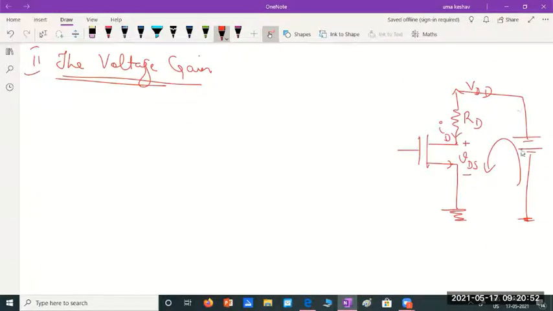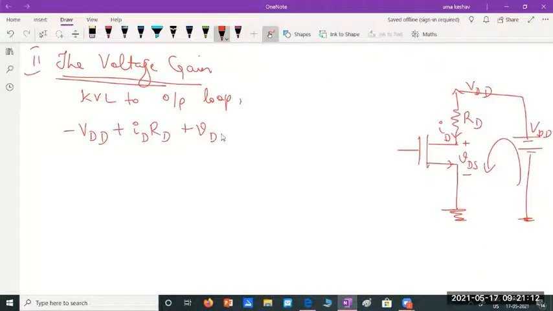I'm just interested in the output loop. So applying KVL to the output loop, what do you get? Minus VDD plus IDRD plus VDS is equal to 0, right?